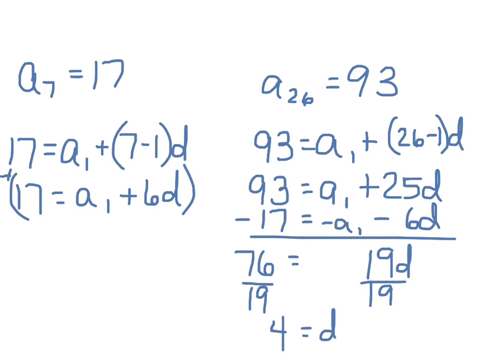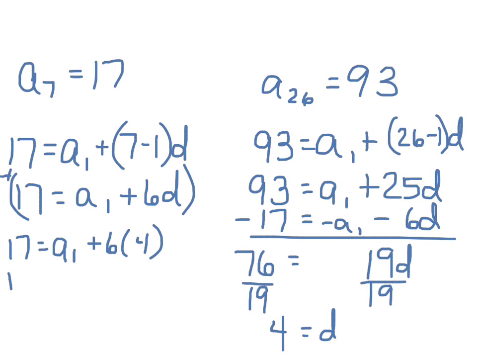Once you have the D, can you work backwards to find A1? Yeah. What formula would you like to plug it into? The 17 one? Okay. 17 equals, I don't know, plus 6 times 4. What's 6 times 4?